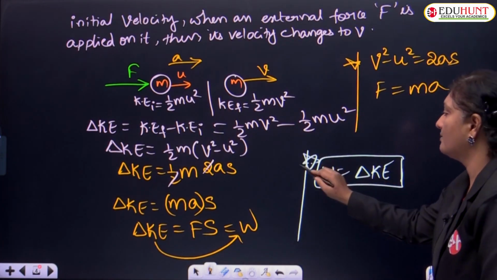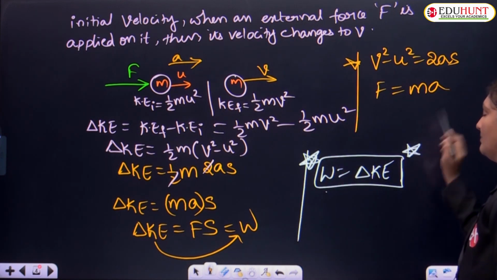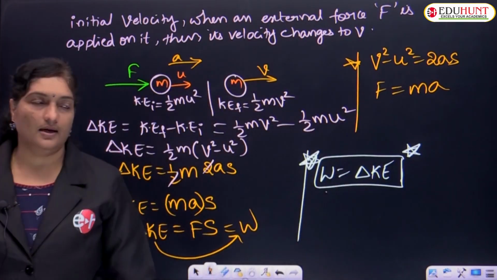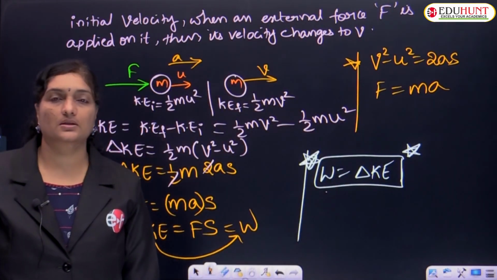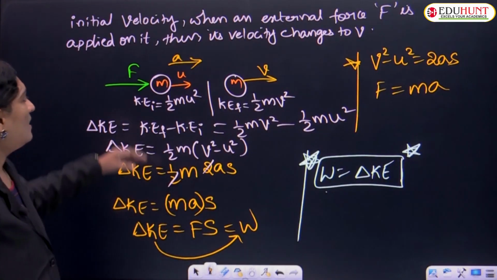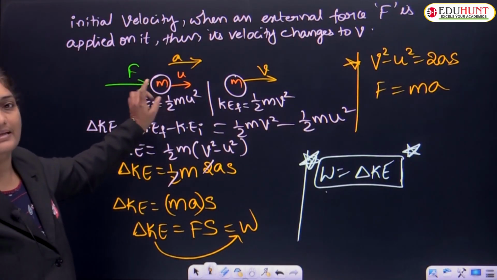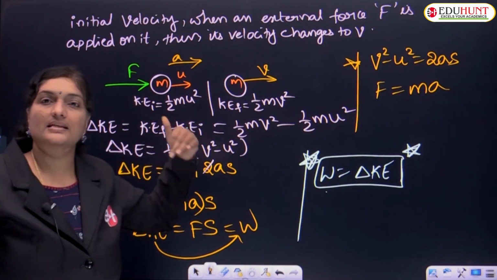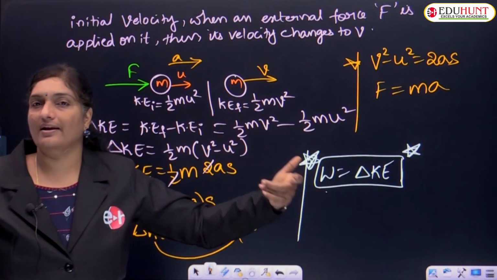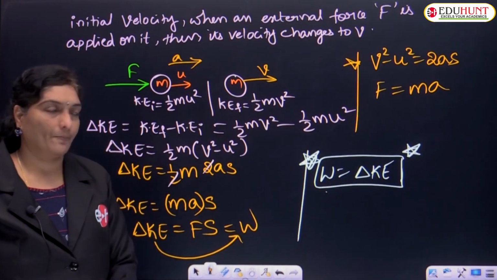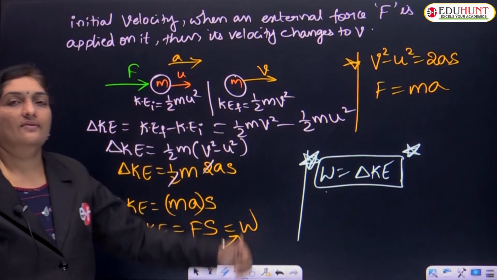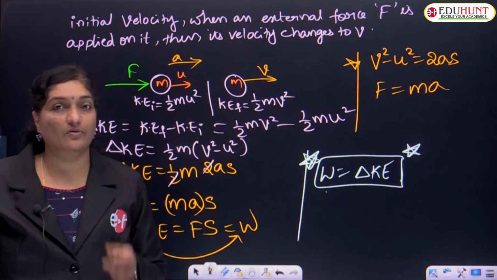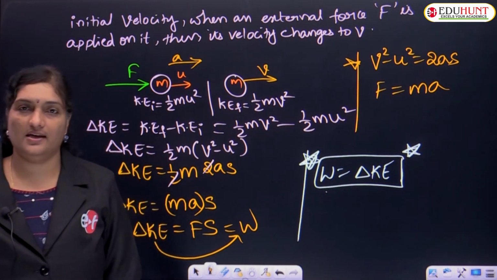This is an important relation, children. Very, very important. Work done is always stored in the form of change in kinetic energy, and this leads to the work energy theorem. What have we considered? A body of mass m moving with initial velocity u. Whenever a force is applied on that body, it starts accelerating, and as a result its velocity changes to v. Initial kinetic energy is half m u square, whereas final kinetic energy is half m v square.